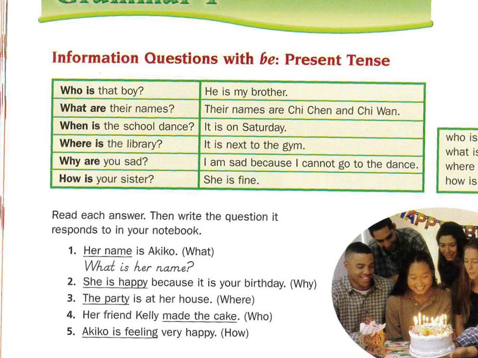And we know that to be, we have am, is, are. To be: I am, he is, they are, we are.